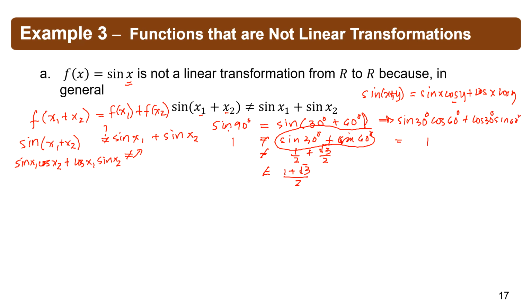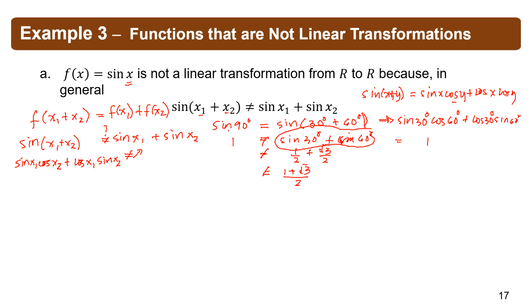You can check this with your calculator. I'm not going to answer this one by one, but you can check this with your calculator and that will give you 1. So you see, this function is not a linear transformation because of this.